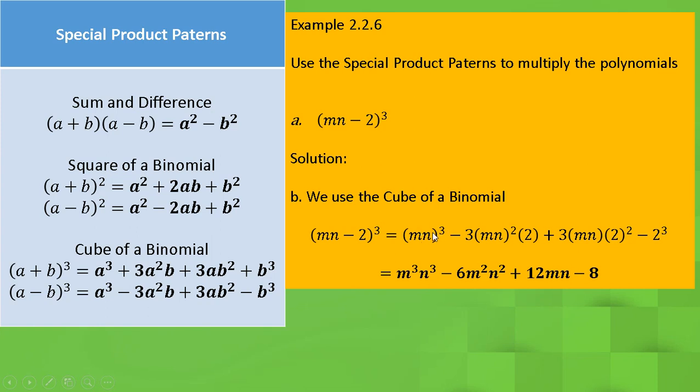Distribute this power rule. Power of the power rule. Multiplication rule here from the one earlier, right? When we multiply exponents, the exponents in multiplication, you multiply them. So we have here m cubed times n cubed minus multiply 3 times 2, so 6, and then m squared.